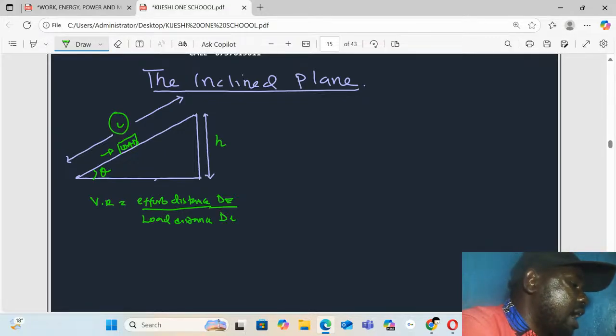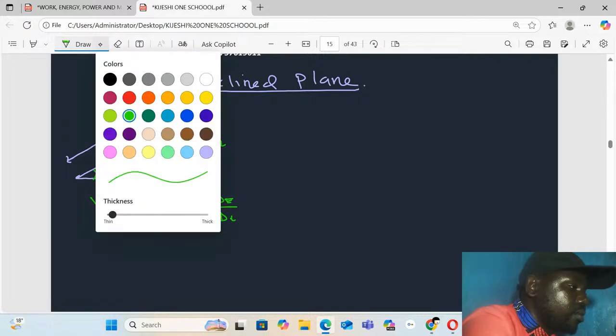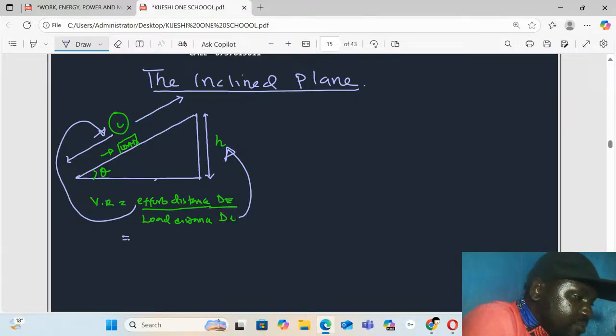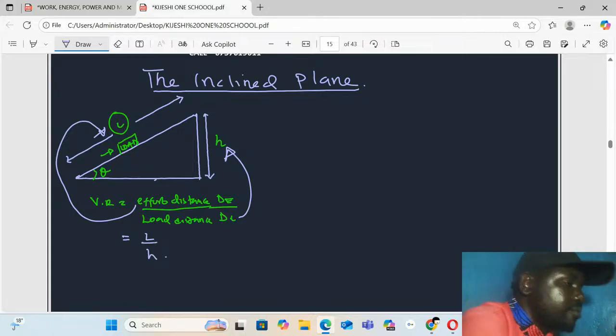Then the load, naturally, was supposed to come from the ground and be lifted through H. So that one becomes our load distance. So this is L over H.